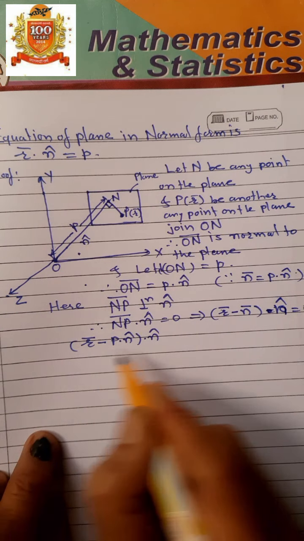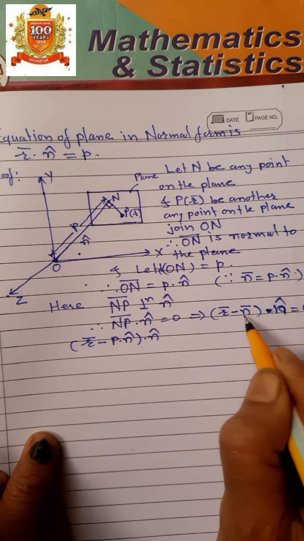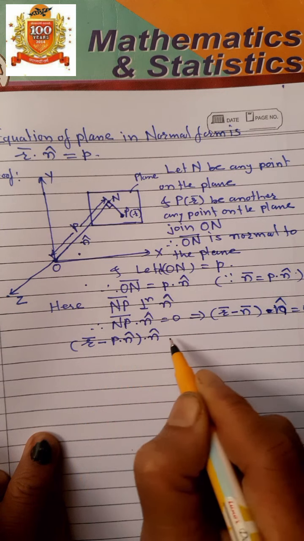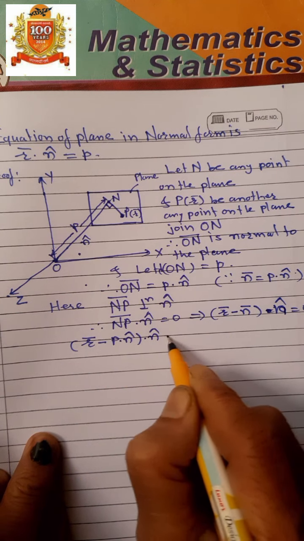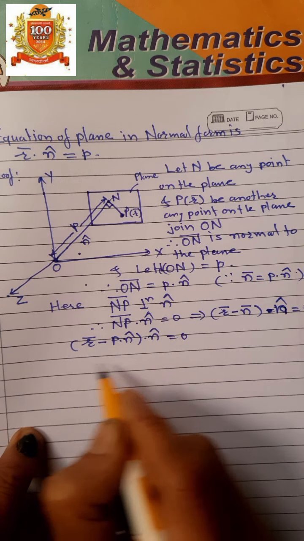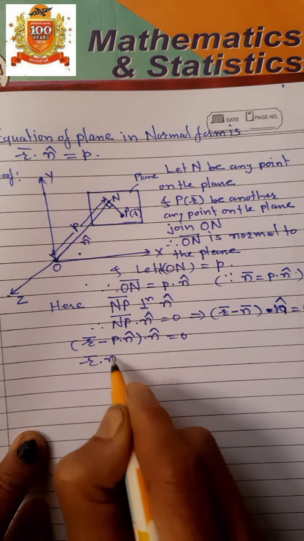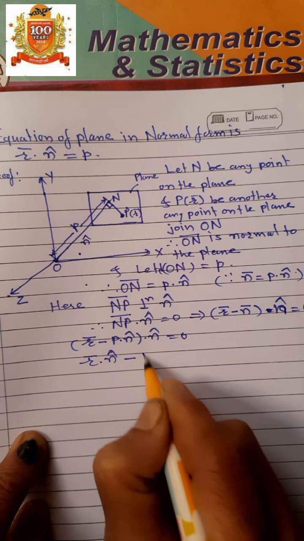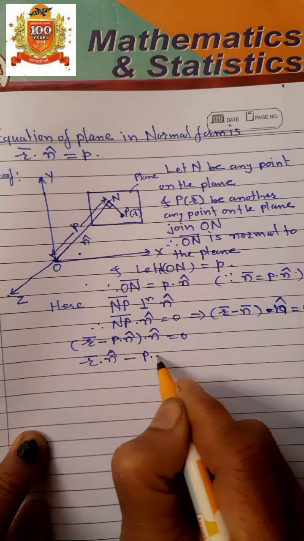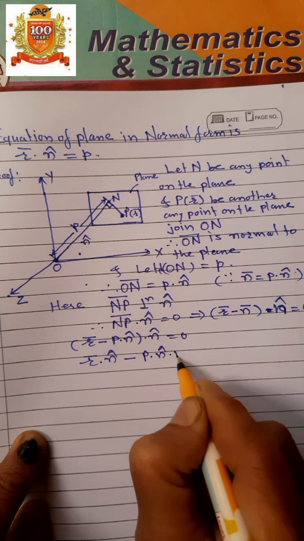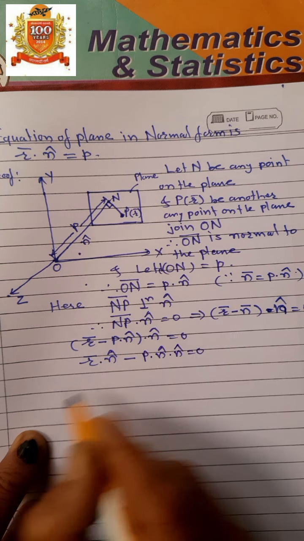That is, r bar minus n bar means p dot n cap, dot n cap is equal to 0. Now do multiplication. r bar dot n cap minus p into n cap dot n cap is equal to 0.